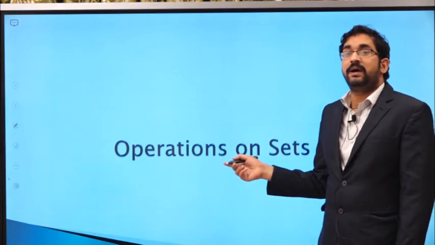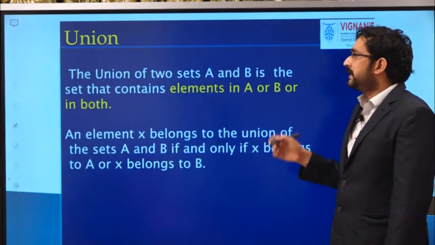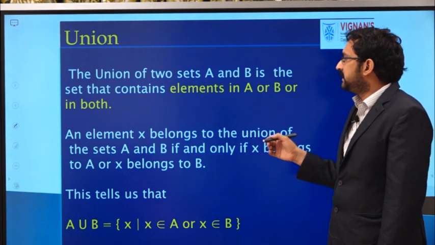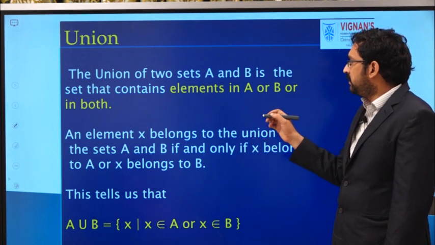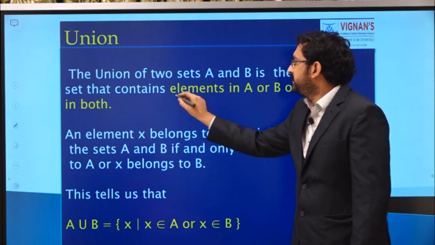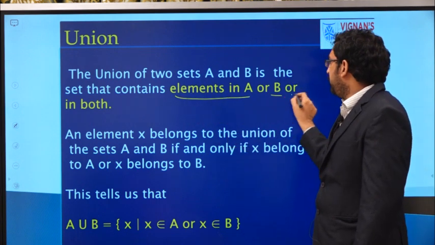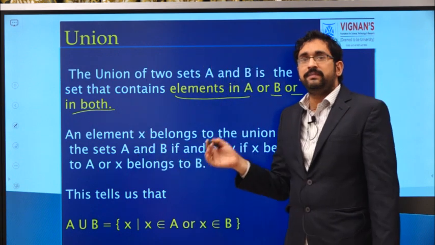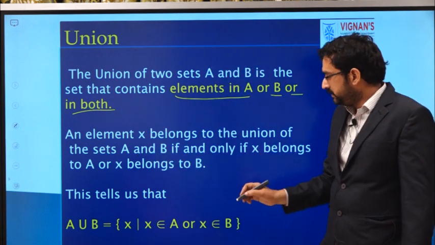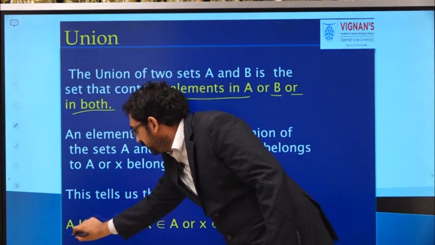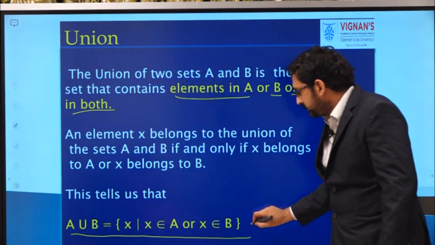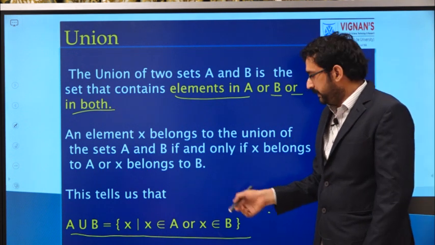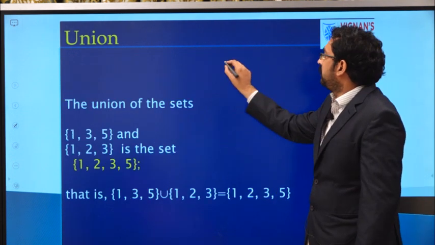Now we will discuss some operations on sets. First one is union. If A and B are 2 sets, then their union is denoted by the set which contains elements in either A or B or both. So A union B equals the set of all x such that x belongs to A or x belongs to B. For example, take 2 sets.